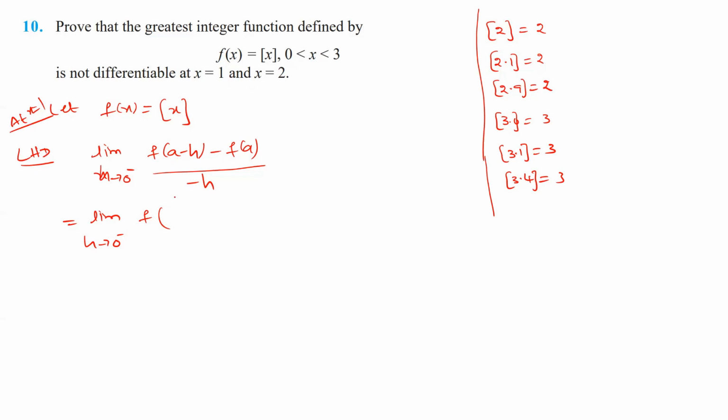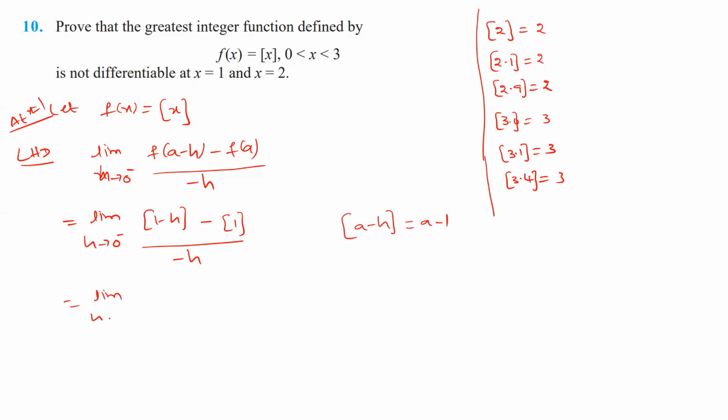So f of a minus h is nothing but, if we take a as 1, a minus h means 1 minus h. So it becomes 1 minus h minus the greatest integer function of 1 divided by minus h. Why? Because a minus h is nothing but 1 minus h here.